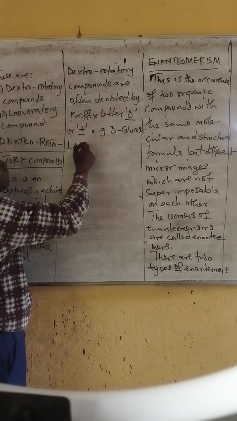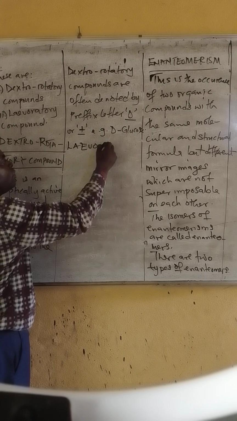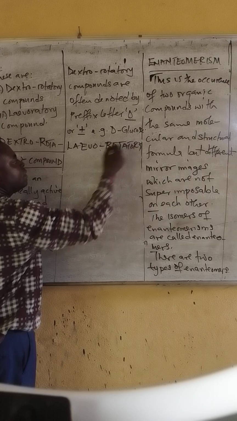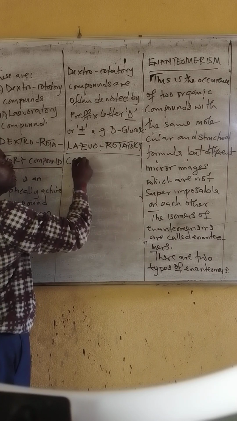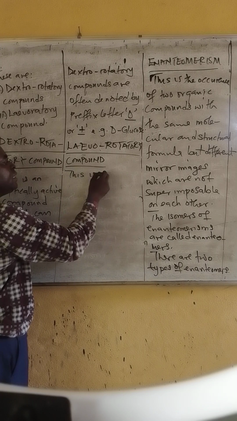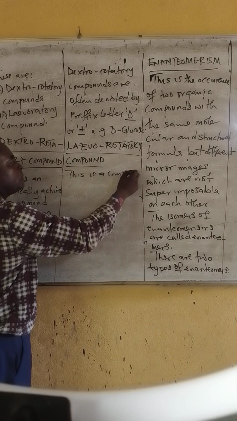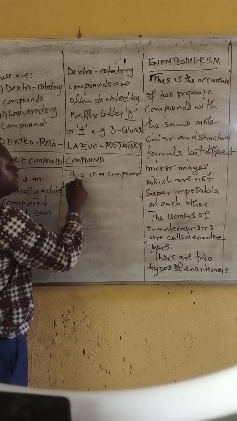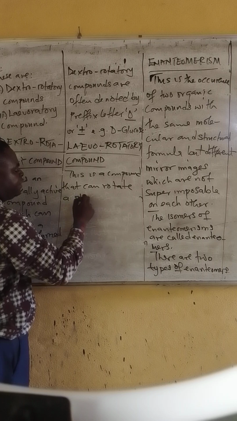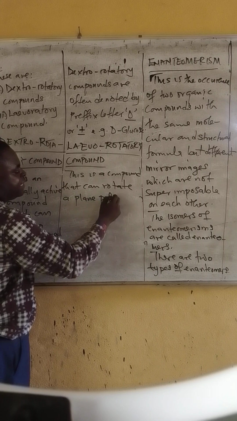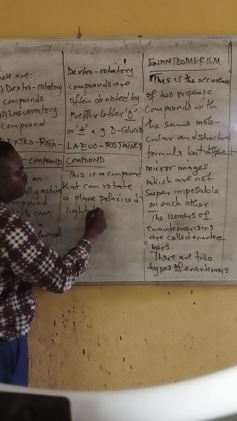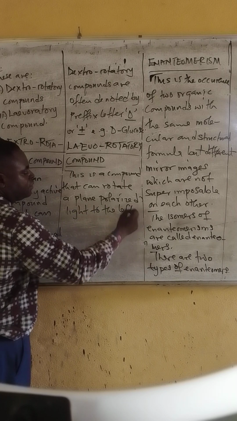Now, livo-rotatory compound. This is a compound that can rotate a plane polarized light to the left.